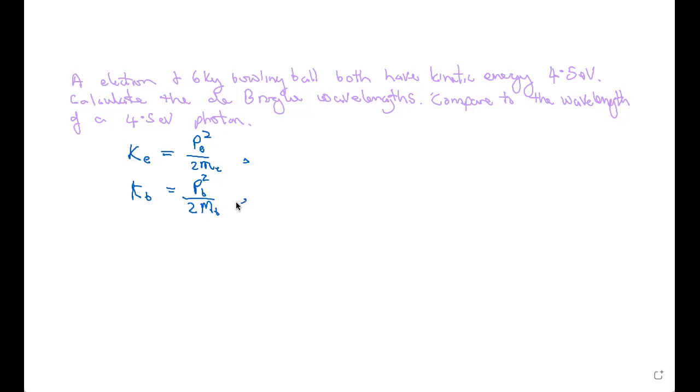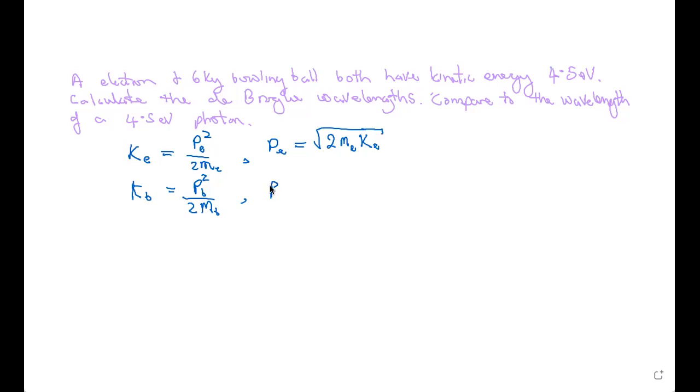So let's go ahead and do that. If I rearrange the equation over here on the left-hand side, I'm going to get the electron's momentum is equal to the square root of 2 times the mass of the electron times the kinetic energy of the electron.